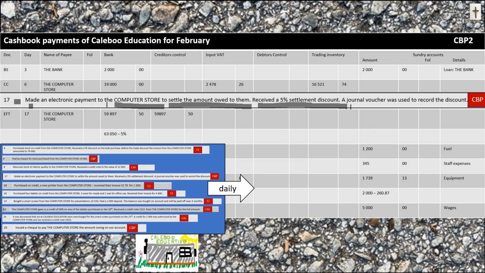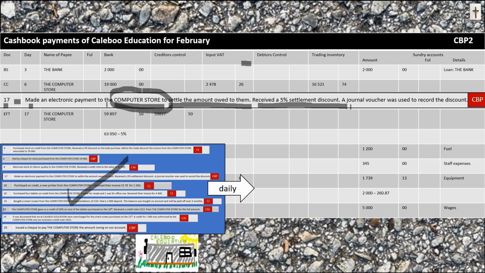Sometimes in certain textbooks, you will have a column up top for discount received, but we're going to deal with the discount in the general journal at a later stage. So the difficult thing here is actually finding out what is owed to the computer store on the 17th.